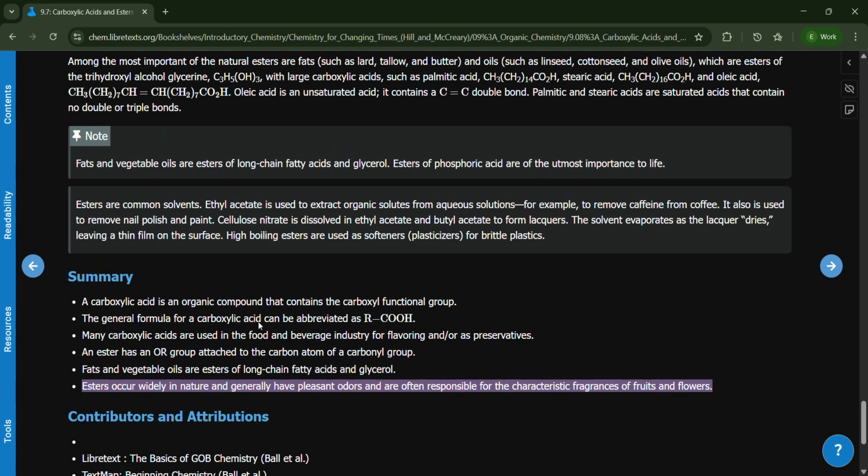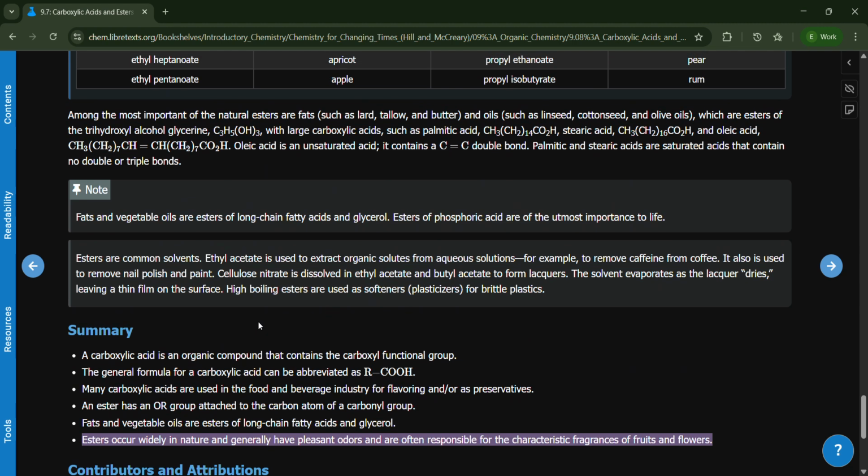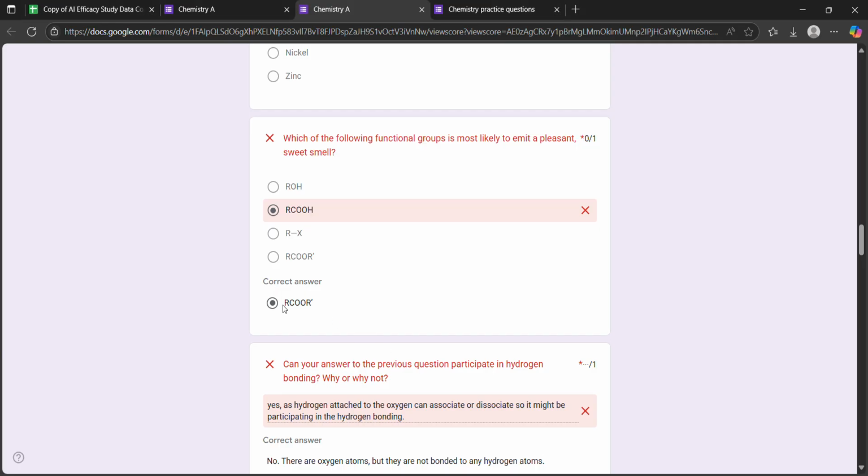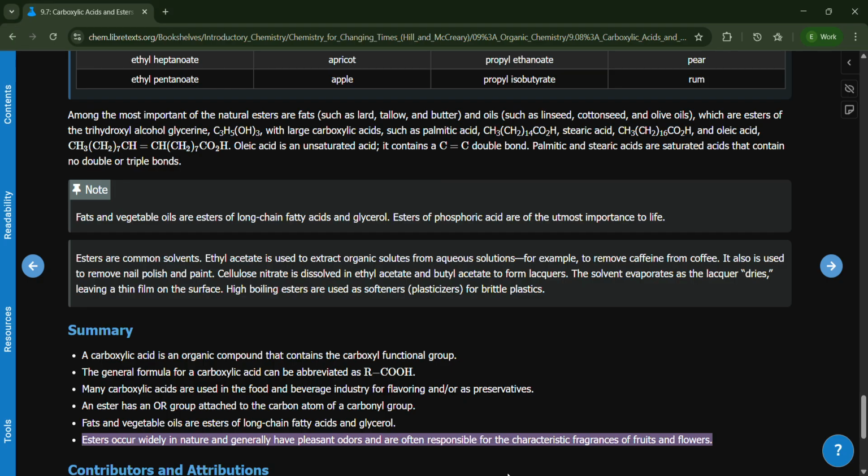Okay, so fats and vegetable oil are esters of long chain fatty acids and glycerol. Esters of phosphoric acids are of the utmost importance to life. The correct answer was, I think, esters. This chemical structure represents an ester bond.